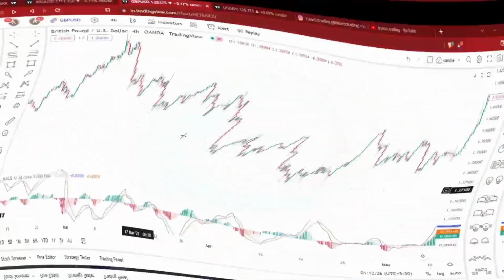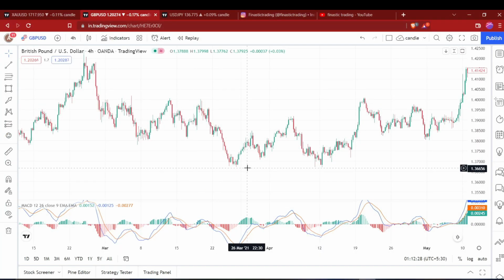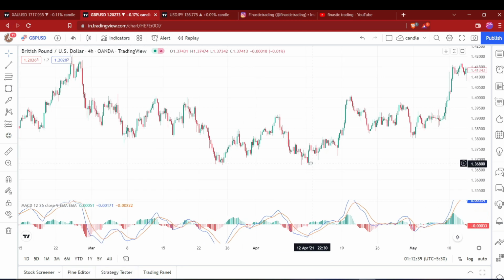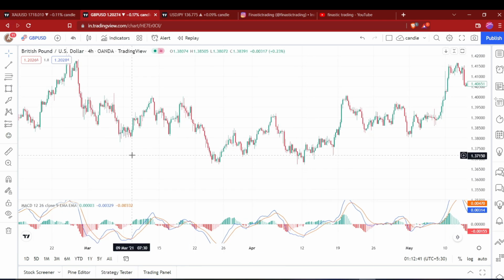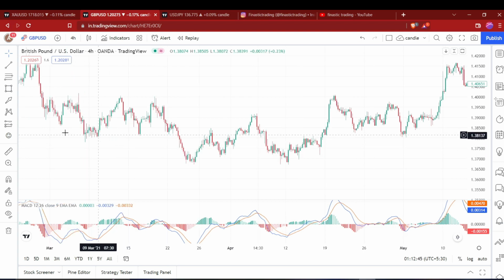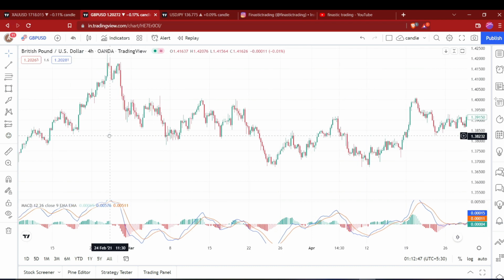Let us see one more example of this strategy. So there is one more way to use this strategy as an advanced trader. First step is same, select the time frame. I have selected the 4 hours time frame. Second step is also the same, find a key level. So here what I can see is market has taken support from this zone once, twice, thrice.